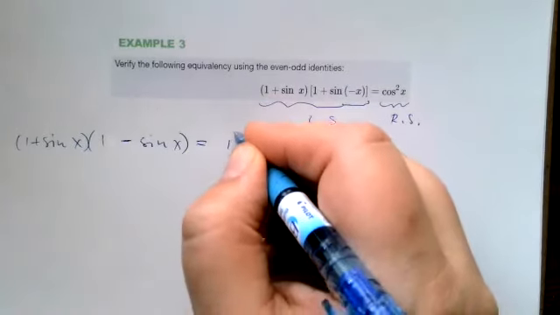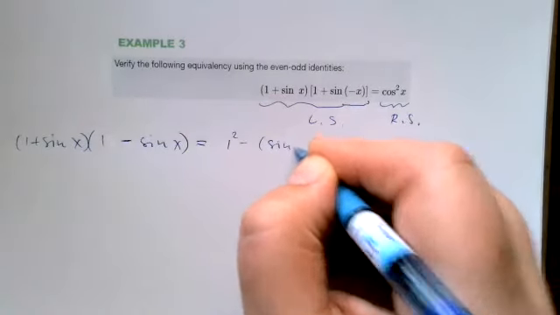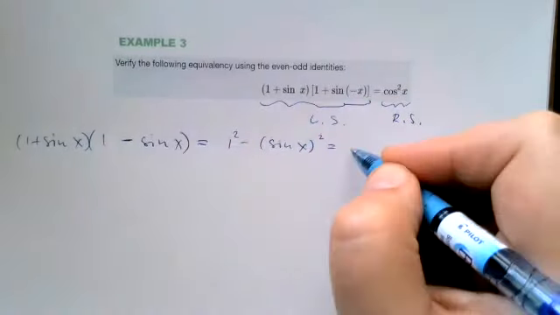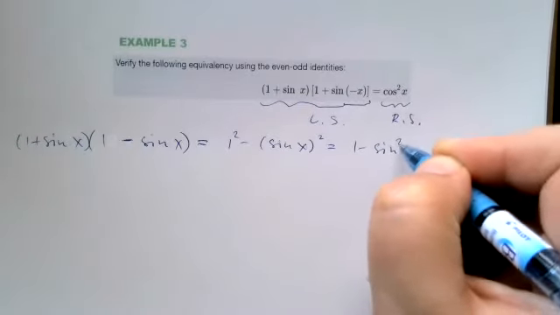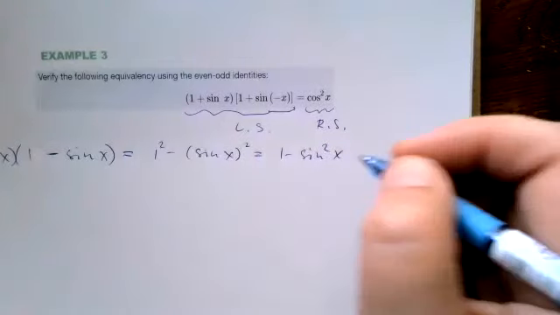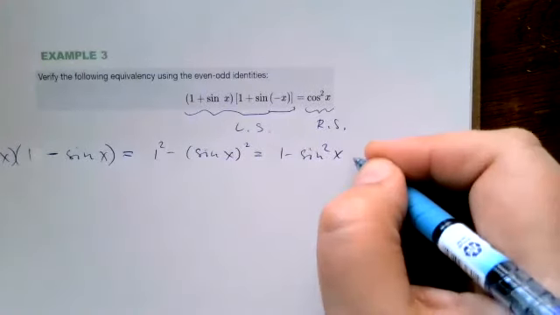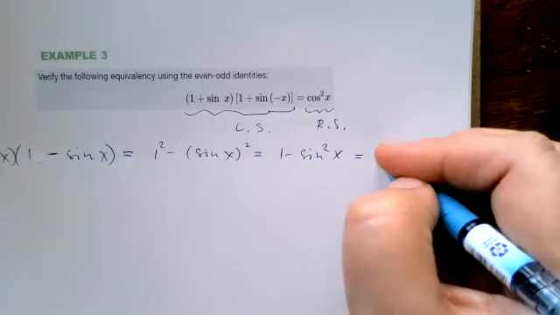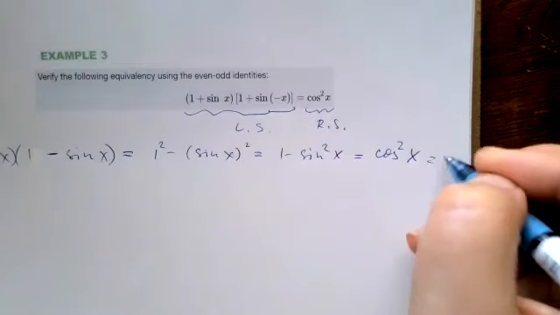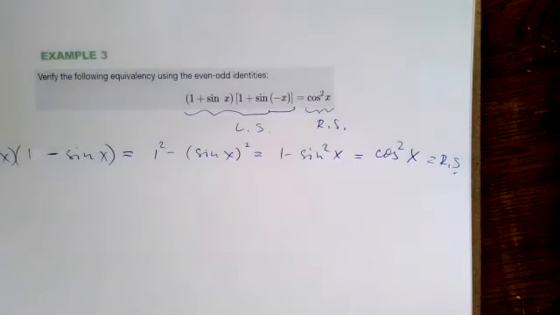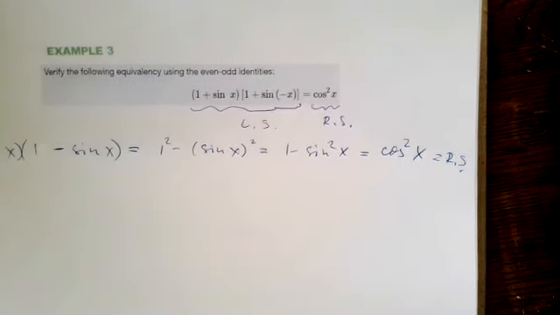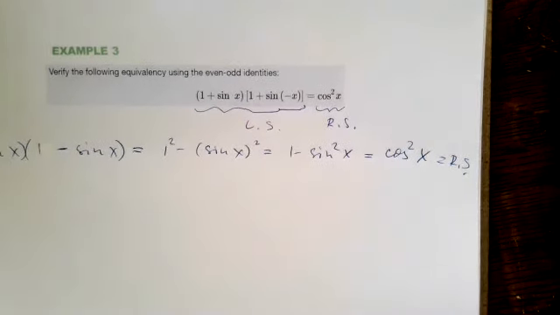Okay, so we have 1 squared minus sine x squared, which is basically 1 minus sine squared x. But what is 1 minus sine squared? Well, according to the Pythagorean identity, that's going to be cosine squared x, which is exactly our right side. So we're done verifying the identity.